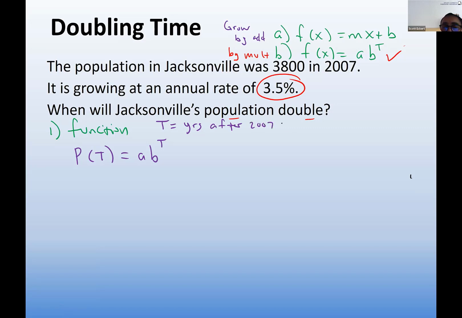Because I'm using that language for t, we have a free point. At 0, which is 2007, there were 3,800 people. So that means I'm halfway done with my equation. I could finish the equation if I had b. How can we get b?